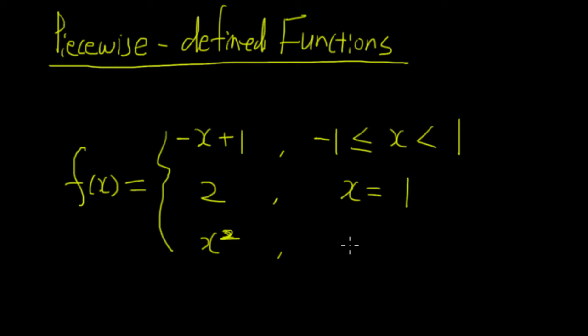And when do we get x squared? When x is bigger than 1. So we have these three different pieces all combined to be a single function. A function defined in this manner is what we call a piecewise defined function.